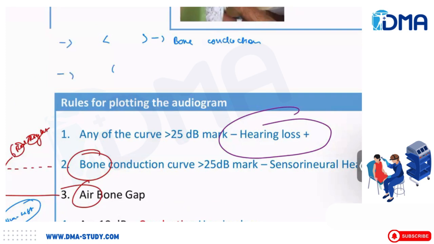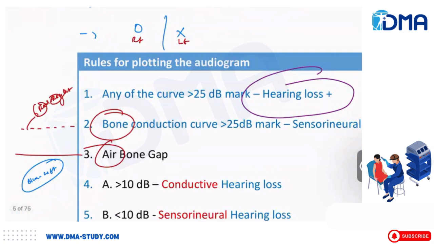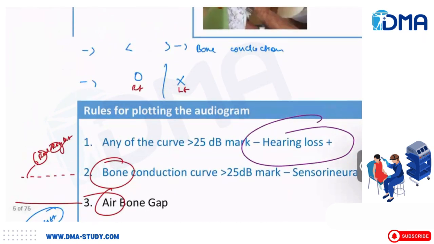Then O and X: O is right, X is left. This is rule number 2. Rule number 3, right for red, left for blue. These three rules you should never forget. Rule number 1, less than and greater than symbols for bone conduction. O for right side, X for left side, air conduction.